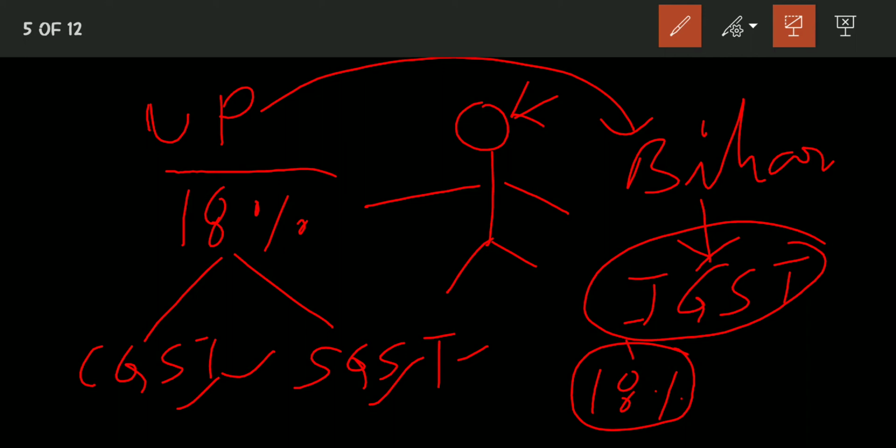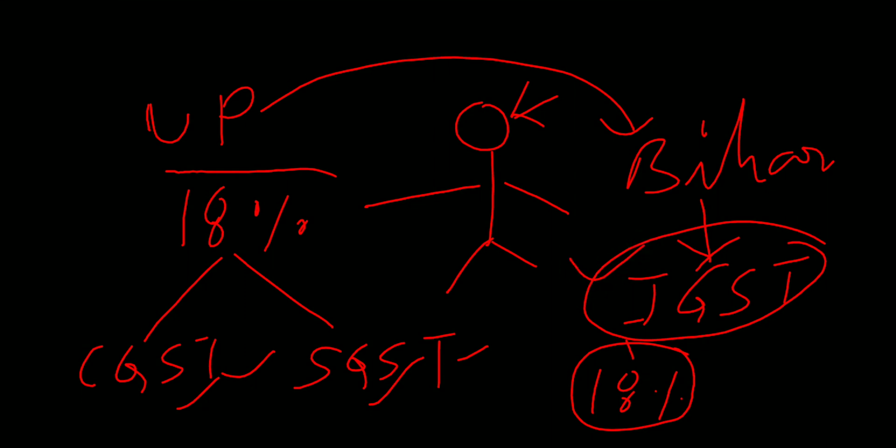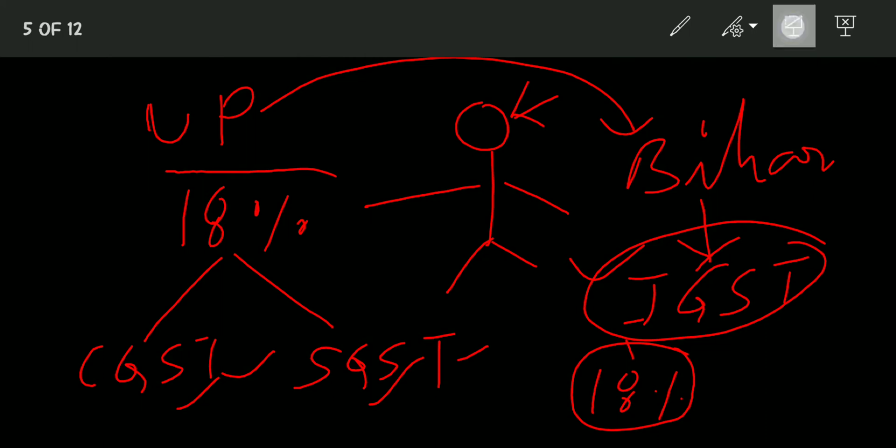Okay, so if you trade within the boundary of your state, then it will be divided into CGST and SGST, but if you trade beyond your state, then it will be treated as IGST. Okay, so this is the concept of GST.